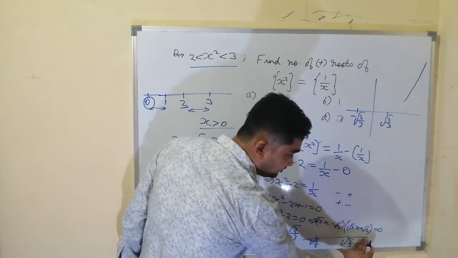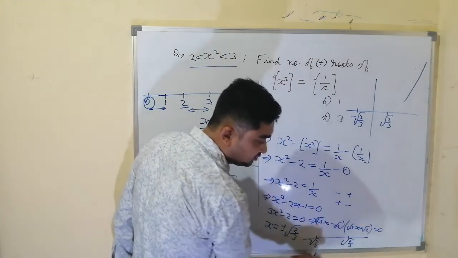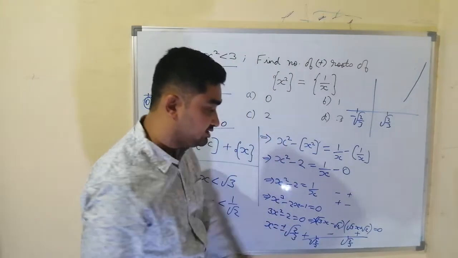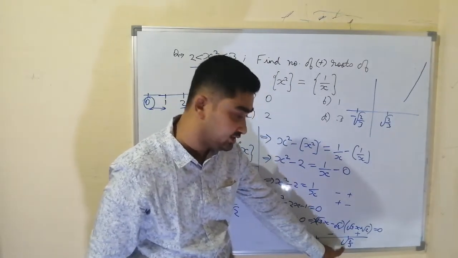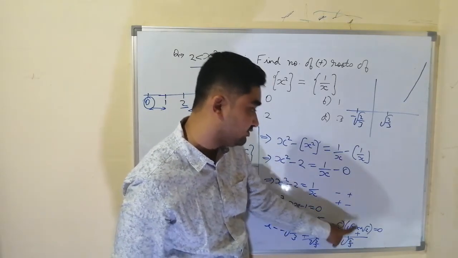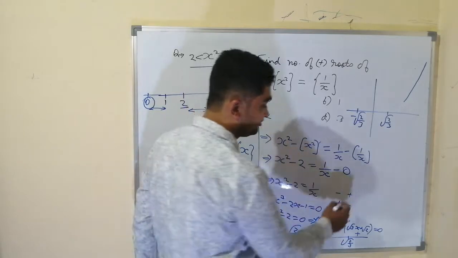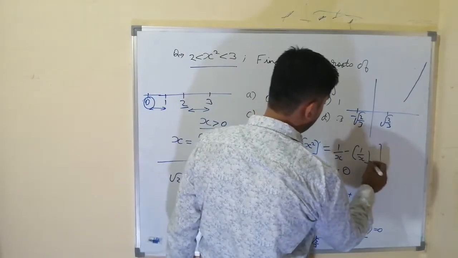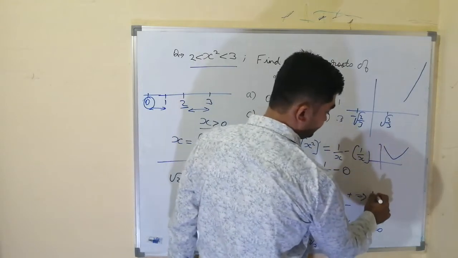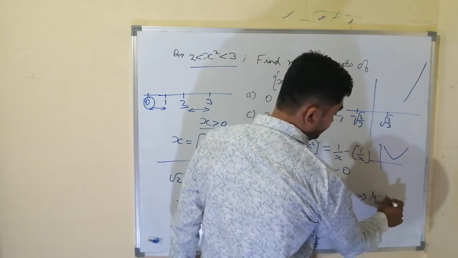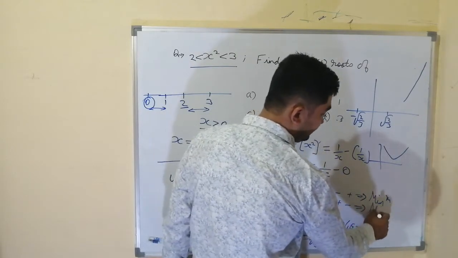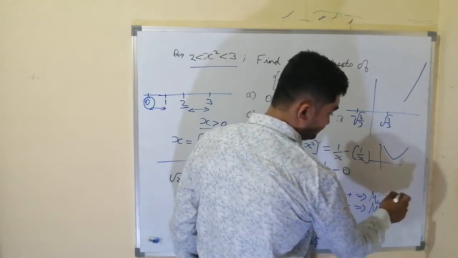Now we have to start with positive because both the signs of x are positive. So positive, negative, positive. That means whenever x is plus 2 by root 3, the sign of f dash x is changing from negative to positive. And whenever it changes from negative to positive, at that point what do we have? Negative to positive. It is minimum. Whenever it changes from positive to negative, at that point we have maximum.